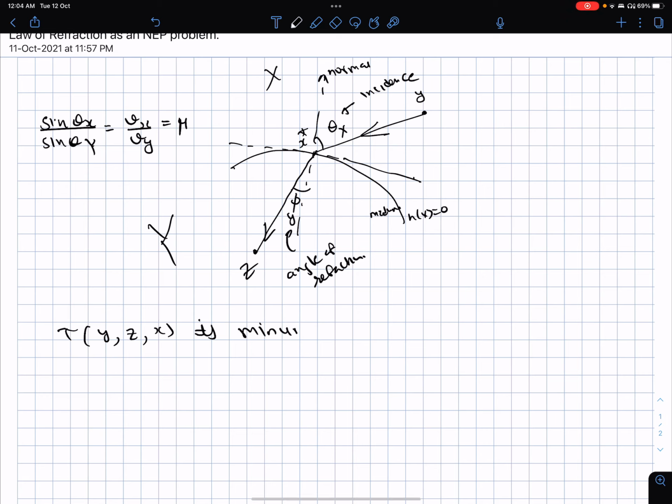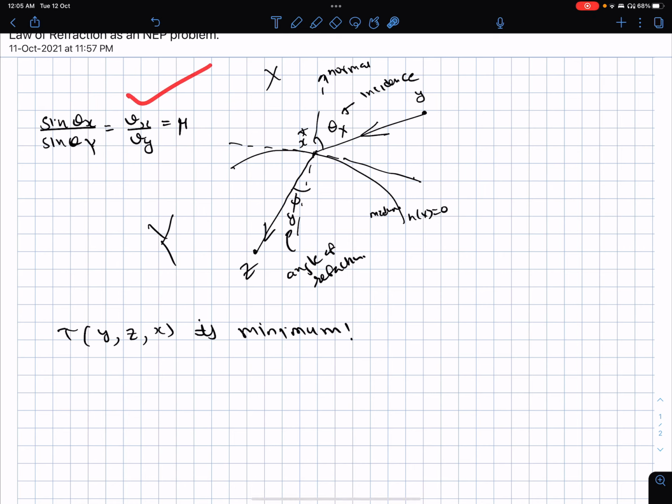If this is defined as the logical law of nature, that the ray of light will try to reach from y to z in minimum possible time, given that the velocity of light in this medium is Vx and in the other it is Vy, then you can actually show that the point x star will be such that the law of refraction will be valid.